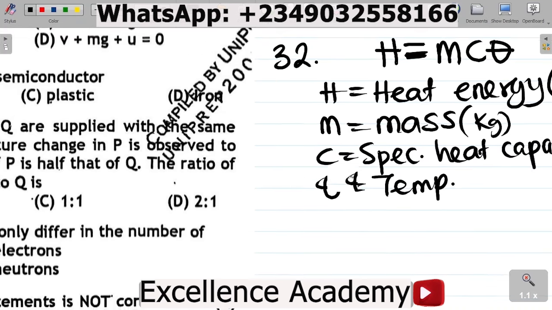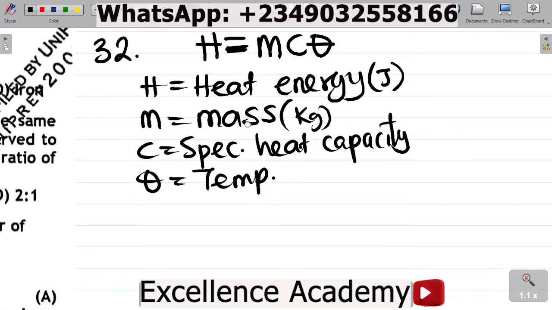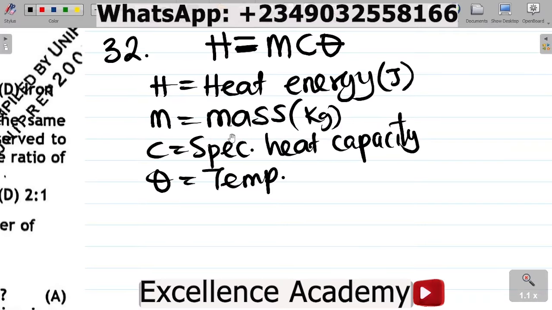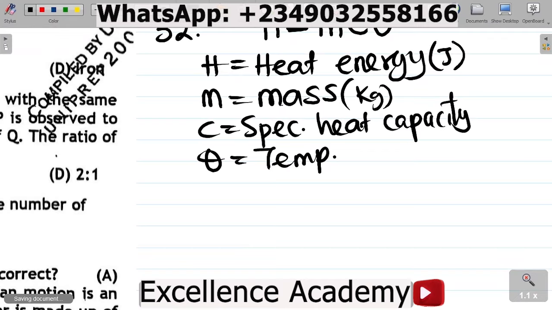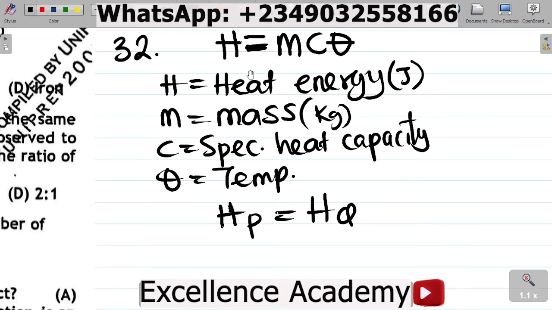Now, with these conditions, looking at the question again, they said two objects P and Q are supplied with the same quantity of heat. When we say the same quantity of heat, it is simply the same heat energy. So I'm saying that the heat energy H in P is equal to heat energy H in Q. And if this is true, let's see how we can relate this.